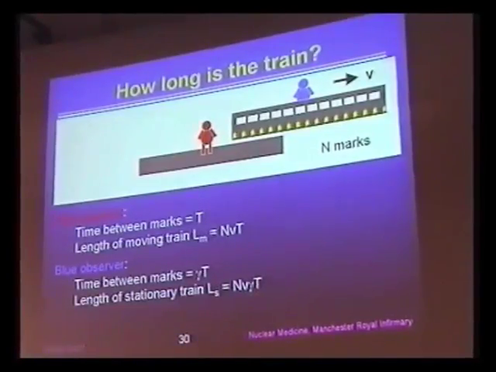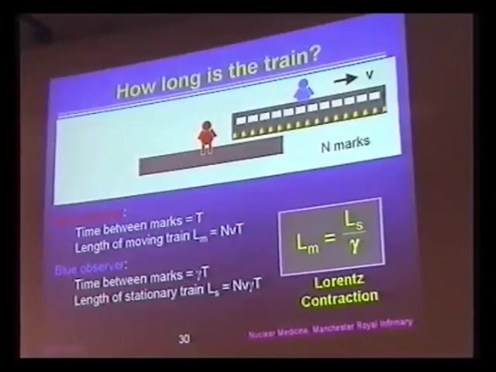I called that ls the length of the stationary train, because as far as the blue observer is concerned, the train is stationary. He's the one that's sitting on the train. And if we compare those two results, we get ln is ls over gamma. The length of the moving train is shortened by this factor gamma.